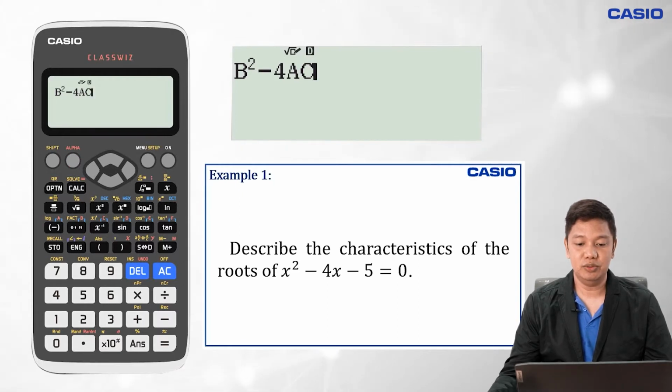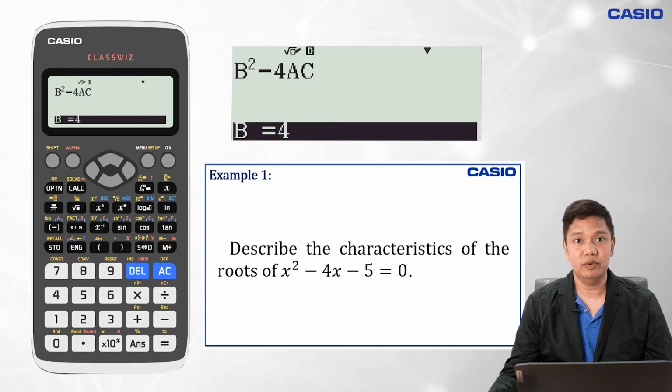And then we need to determine the numerical coefficients for the given equation. In this case, we need to determine a, b, and c. We have here a equal to 1, b equal to -4, and c equal to -5. We need to press calculate to solve for the value of the discriminant, and then the CASIO CLASSWIZ asks us for the value of b.